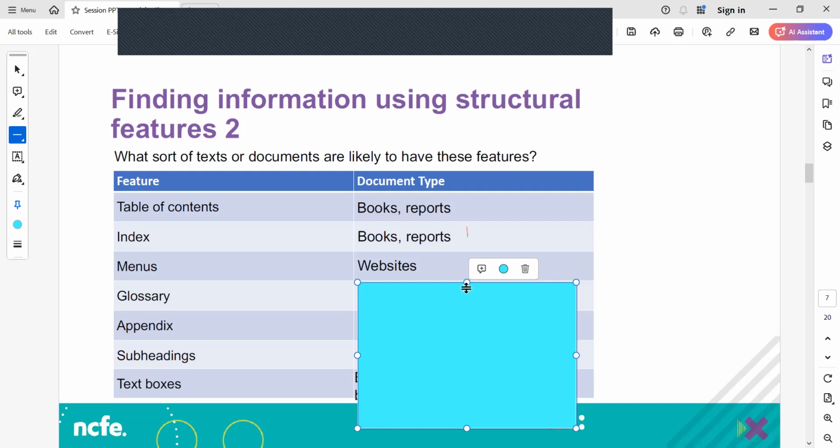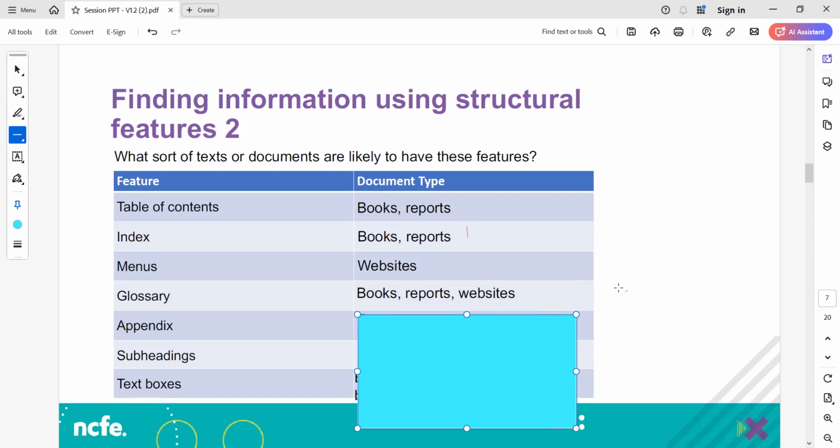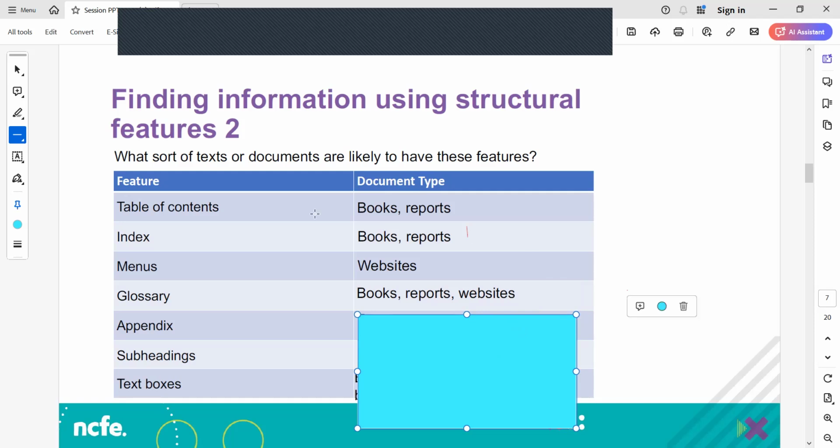What about a glossary? A glossary we would find in a book again, in a report, or on a website. Does everyone know what a glossary is? Is familiar with that? Okay.